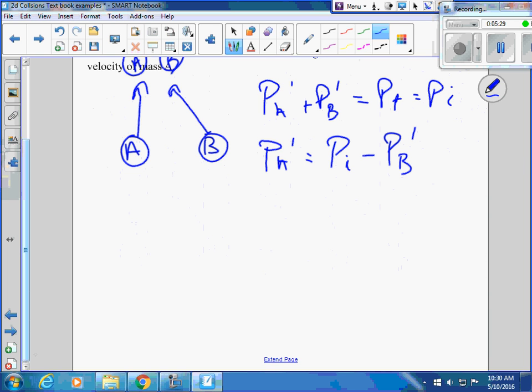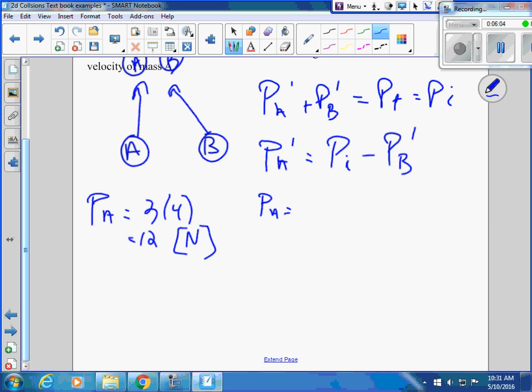Let's just come up with the momentum to begin with. What is the momentum of A at the start? A is 3 kilograms moving at 4, so it's going to be 3 times 4, 12, and it's going north. I'll put it in brackets to imply the direction because sometimes that might get confused with newtons. I'm not going to bother with my kilogram meters per second in there, that's just going to clutter things up. We all know what the units are. That's initial.